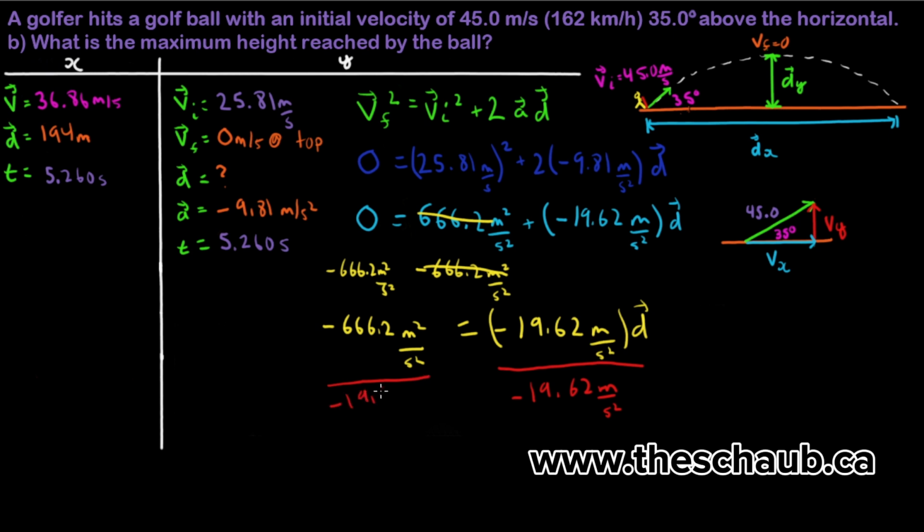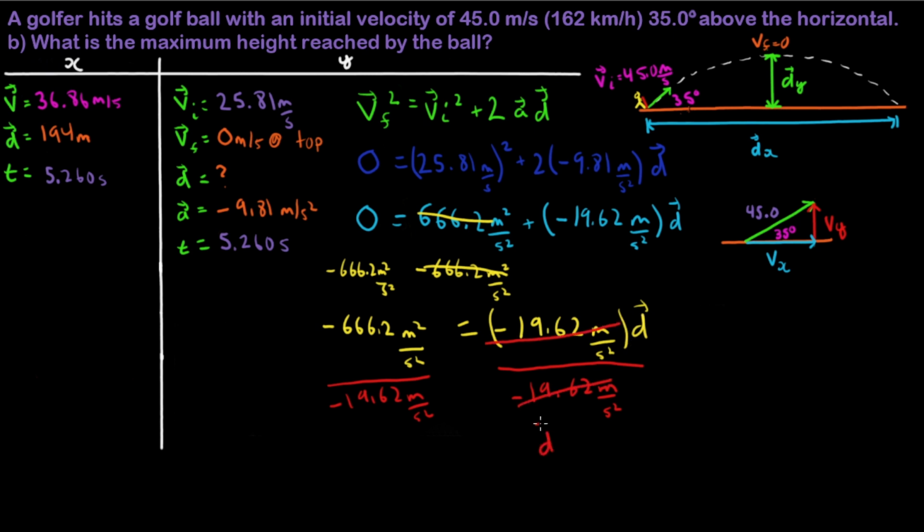On this side, this division just equals 1, leaving us with our displacement d equal to negative 666.2 divided by negative 19.62, which equals 34.0 meters. So the maximum height reached by the ball, our displacement in the y direction, is equal to 34.0 meters. We can add this to our variables here.